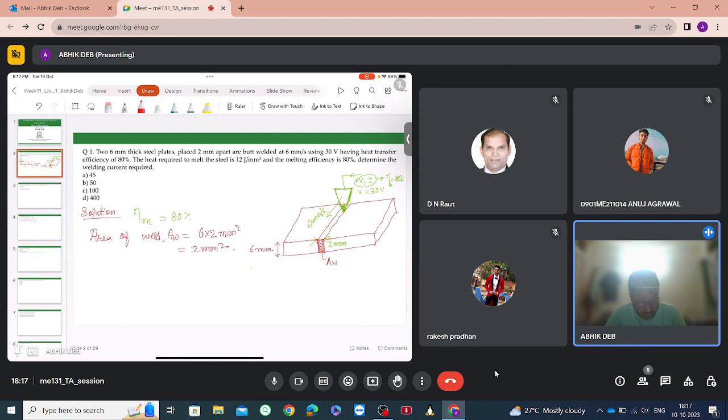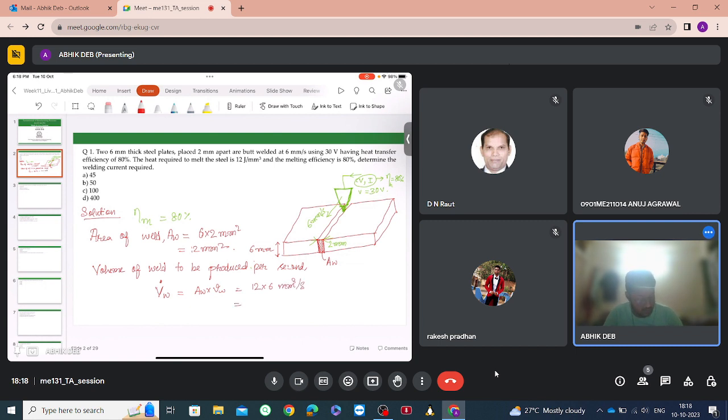Now the volume flow rate, or the volume of the weld to be produced per second, that is the rate of volume of the weld, is given by area of the weld multiplied by the velocity of welding, that is 12 multiplied by 6 millimeter cube per second.